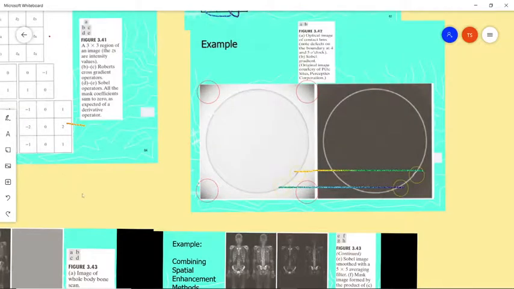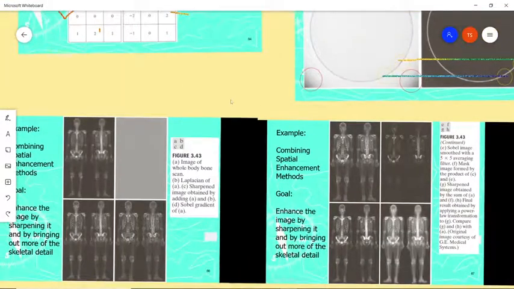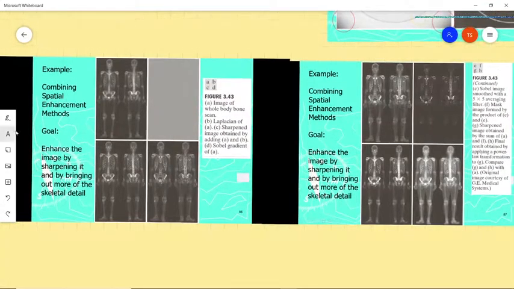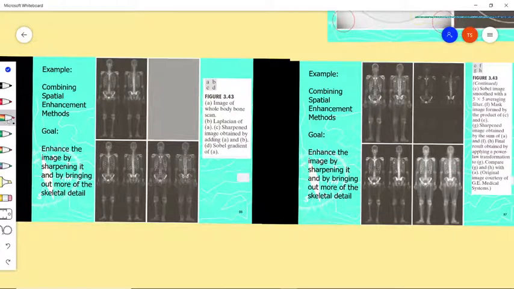I'll show another important application example. See this. This is the original image of a whole body bone scan. Upon this, we applied the Laplacian operator, and this is the Laplacian output.